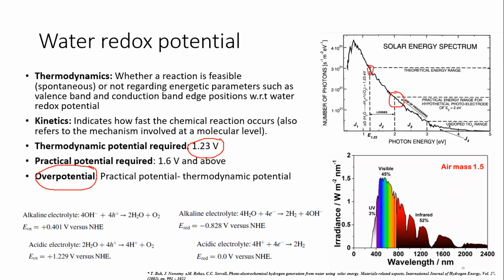So obviously the photocurrent generated will be very small, and the final efficiency will be less than 2%. That's the reason one has to choose a material that is close to the visible region, close to 1.6 to something like 2.6 electron volt.